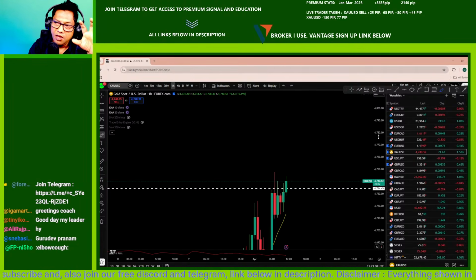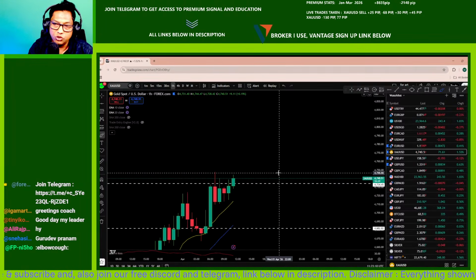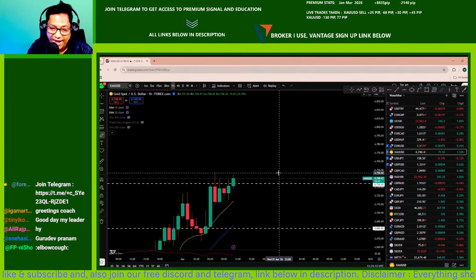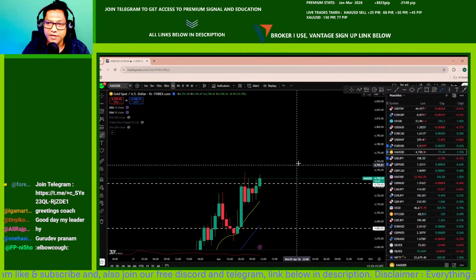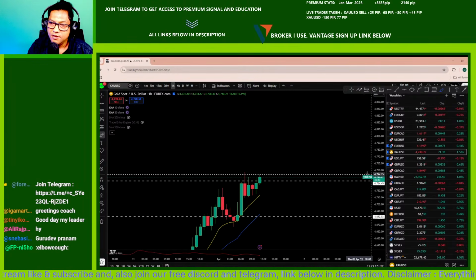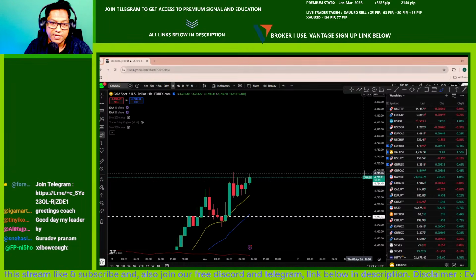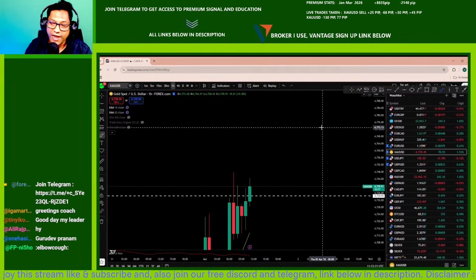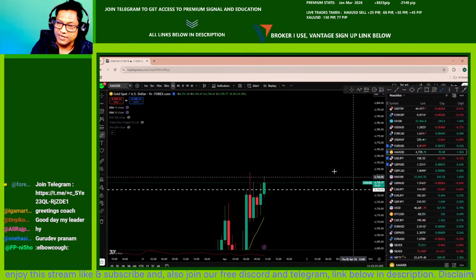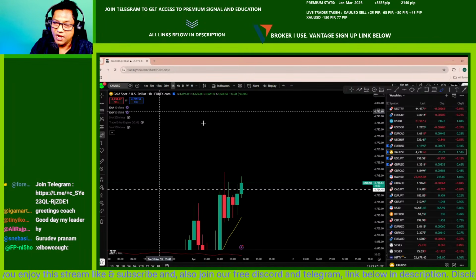Now here is our primary objective, to look for an entry from a key level, right? Not only key level, probably the most intense area of value. This is what we are looking at in this market. This is the technical aspect that I'm looking at here.